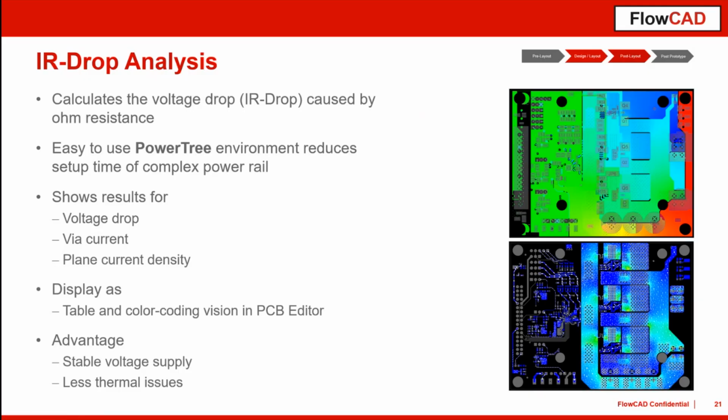I will show you how that works, and this is a very powerful tool to set up complete voltage rails. And as a result, we can see here that we get this colored overlay, but also we can use the current density on your design. And with current density, you will find a lot of issues that are very easy to solve afterwards.